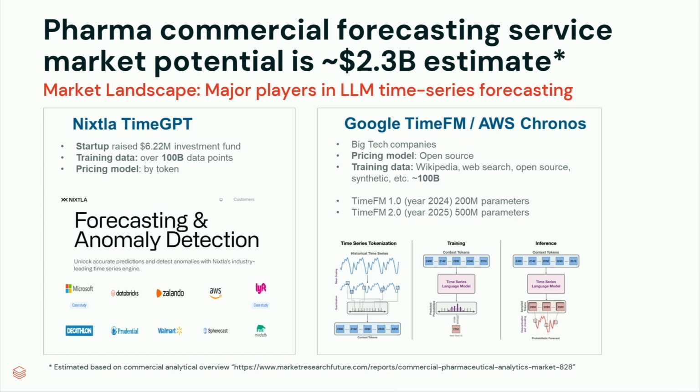Google TimeFM stands for Google Time Series Foundation Model, which is also a foundation model. Also, we have the AWS Kronos. In our practice, we compared our foundation model with, for example, Google TimeFM. Actually, we can beat Google TimeFM by 7% in terms of the MSE, the mean square error.